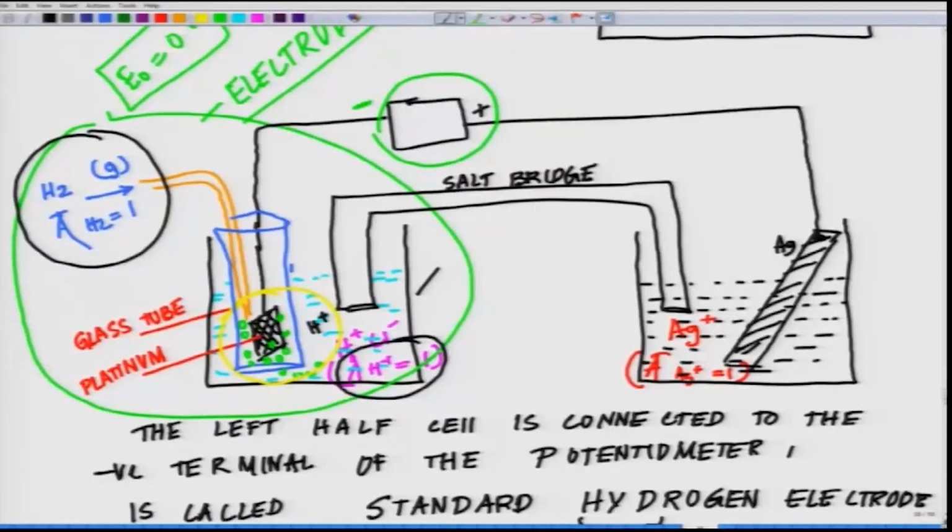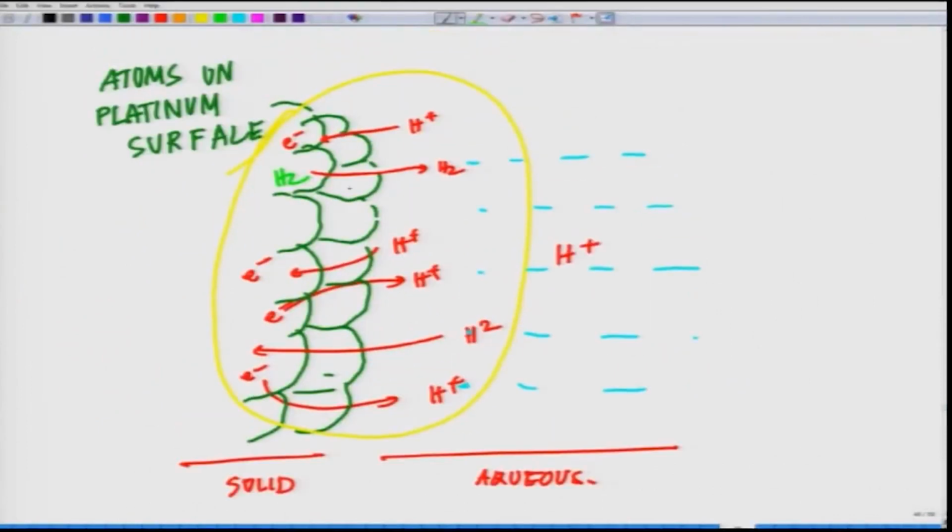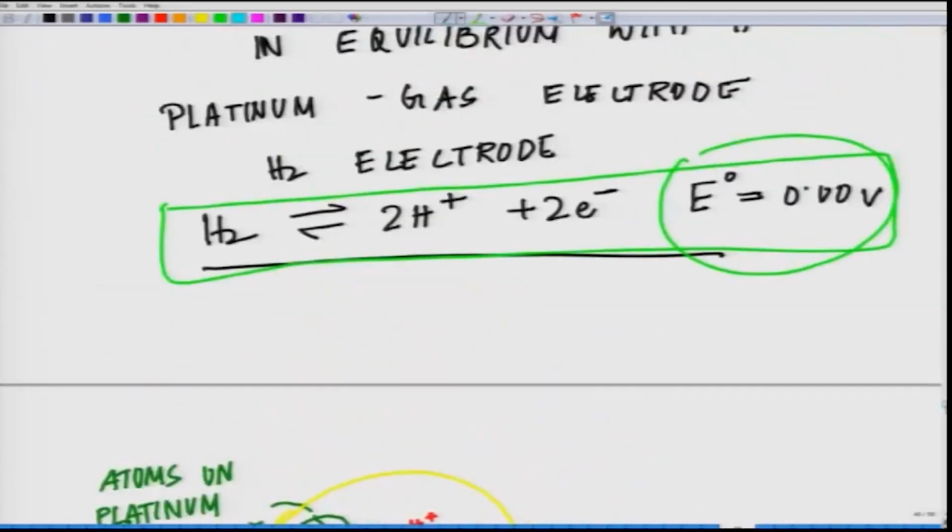What is happening is an equilibration like this, where this is the platinum surface shown in green, and this is the aqueous medium where H plus ions are present. The equilibrium developed here is as I showed you in the reaction.